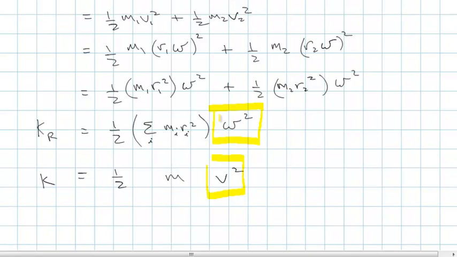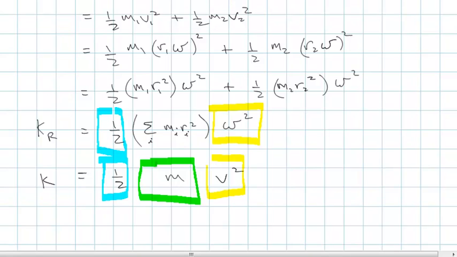So we have a velocity squared term, we have the 1/2 out in front, and here we have our inertia. m is inertia. That's how we measure inertia, mass. It's our quantitative measurement of inertia. Maybe this thing in parentheses is a rotational equivalent of inertia.